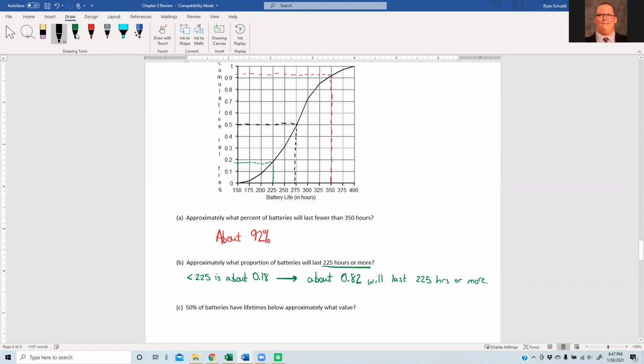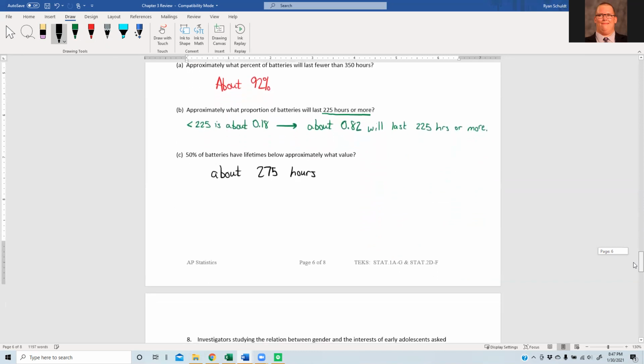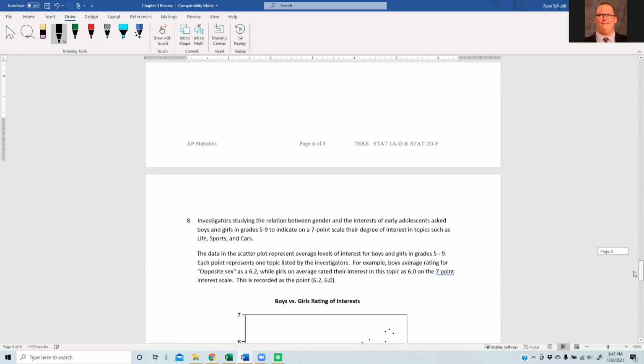So that's going to be about 275. So we would just say about 275 hours. That's really all there was to this question. We're just reading a graph. That's it. It was that simple.